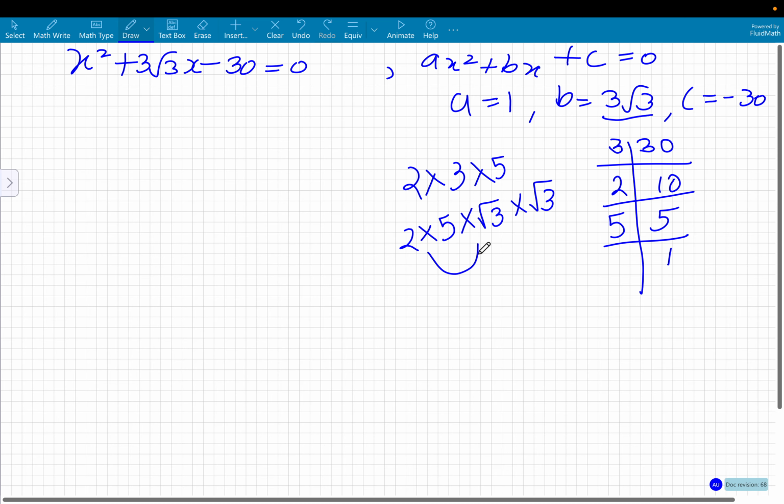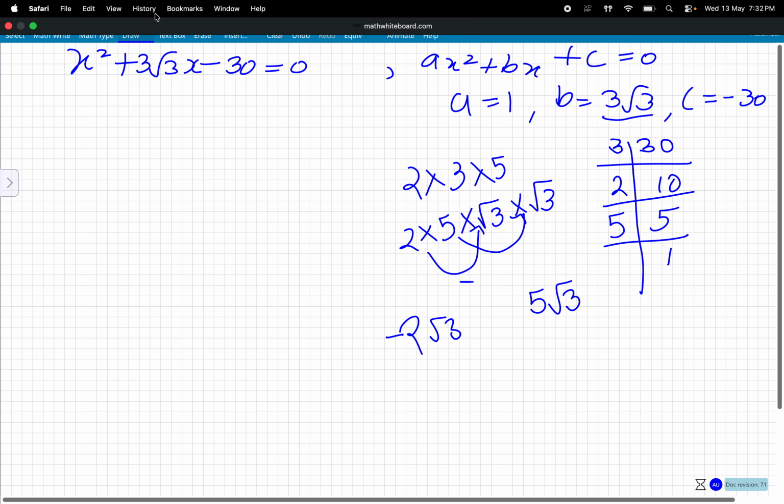Now if we take these two and these two, it will be 2 root 3 and 5 root 3. Now if we take minus 2 root 3 and 5 root 3, the addition of the numbers will be 3 root 3 and the multiplication of the numbers will be minus 30.